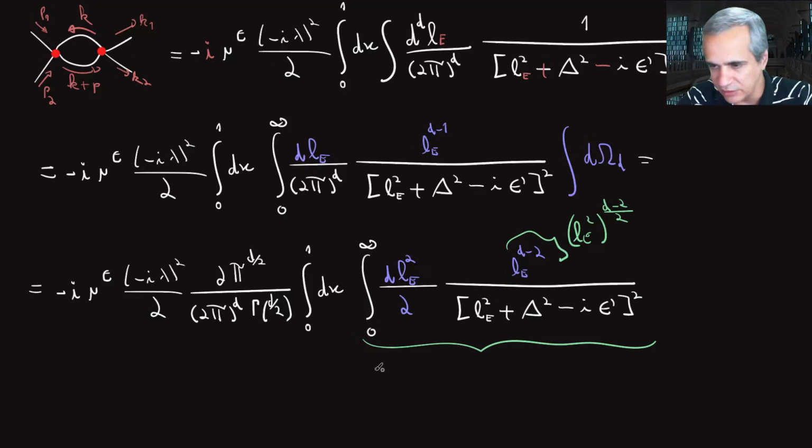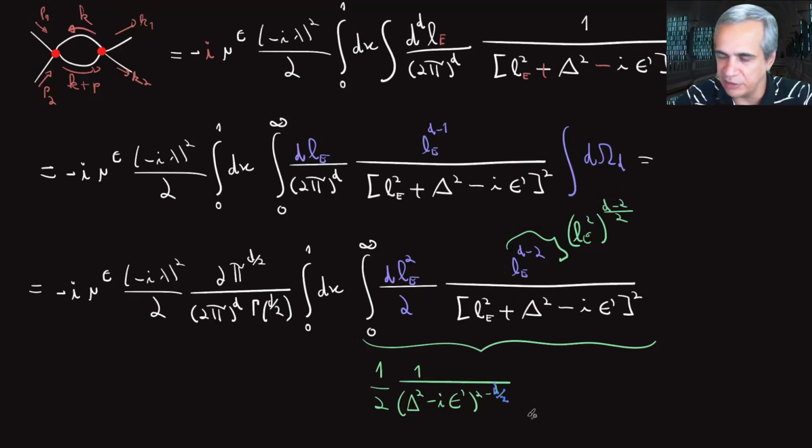And this is just 1/2 of 1 over delta squared minus i epsilon prime to the 2 minus d over 2. Of course, when we did this calculation before, there was no d, but this is just a change in the constants in the definition of the parameters in the definition of the beta function.